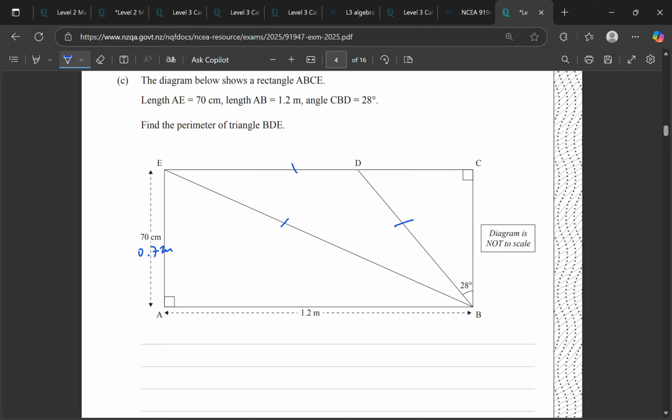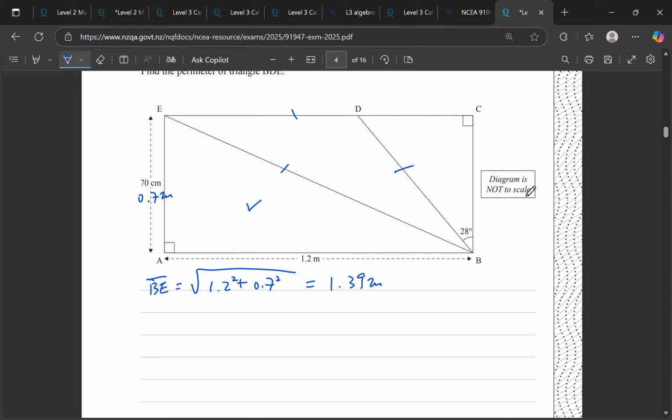First of all, in this right angle triangle, I need BE. BE is the hypotenuse of the right angle triangle. So that means square root of 1.2 squared plus 0.7 squared. That gives me 1.39 meters. I'm going to use 2 decimal places all the way.